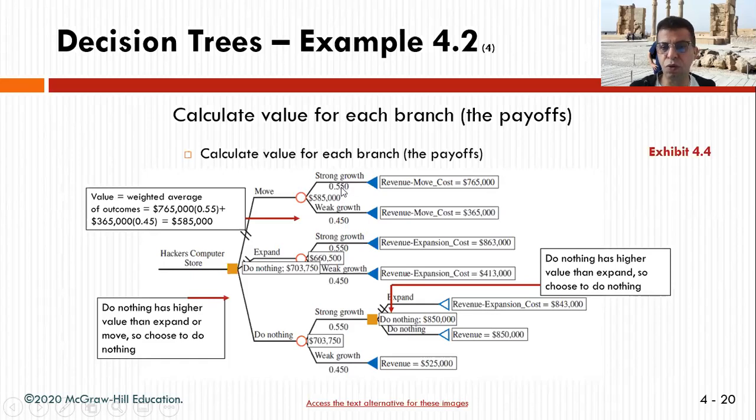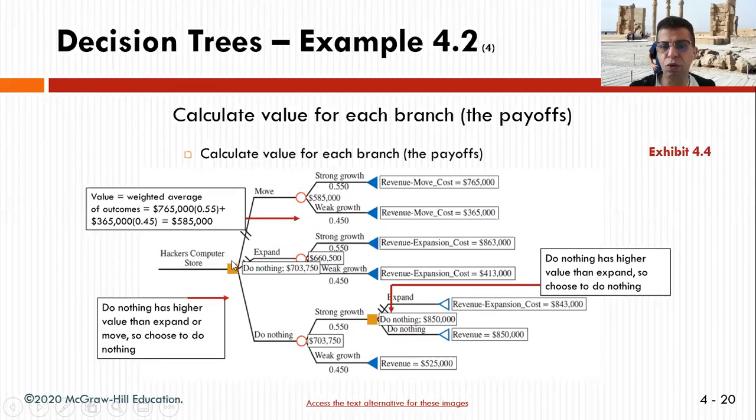You have a strong growth, which we said is 0.55, and weak growth 0.45. You multiply this by 55%, and you multiply 365 by 45%, and this is the calculation. So the weighted average, you add them together, and then you get 585.